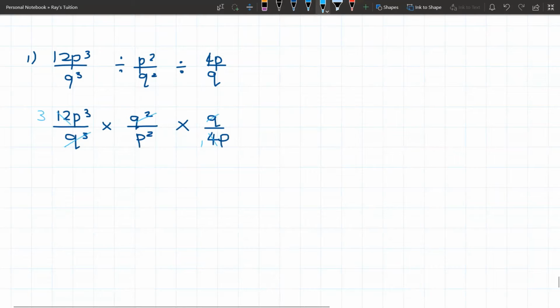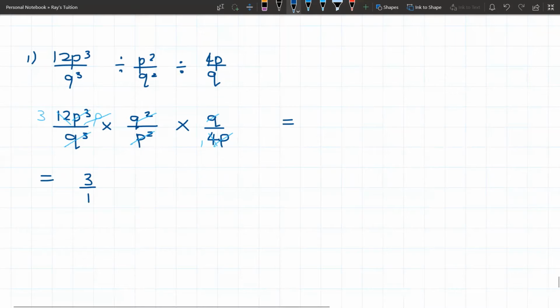That 2 and that 1 cancel out. There's 2 p's in the denominator, so that will cancel out with the p's, leaving 1 in the numerator. And then there's 1 in the denominator, which will cancel out with that. So then what this leaves us with is 3 over 1.